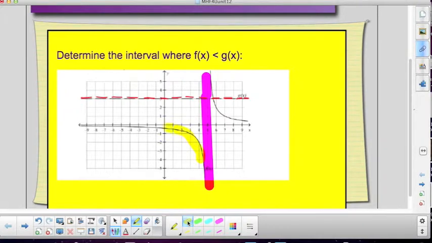That is our asymptote. Yep, so when x is less than 5, there is only an f of x graph. And when x is greater than, let's say, 5.7, there is no f of x graph at all.